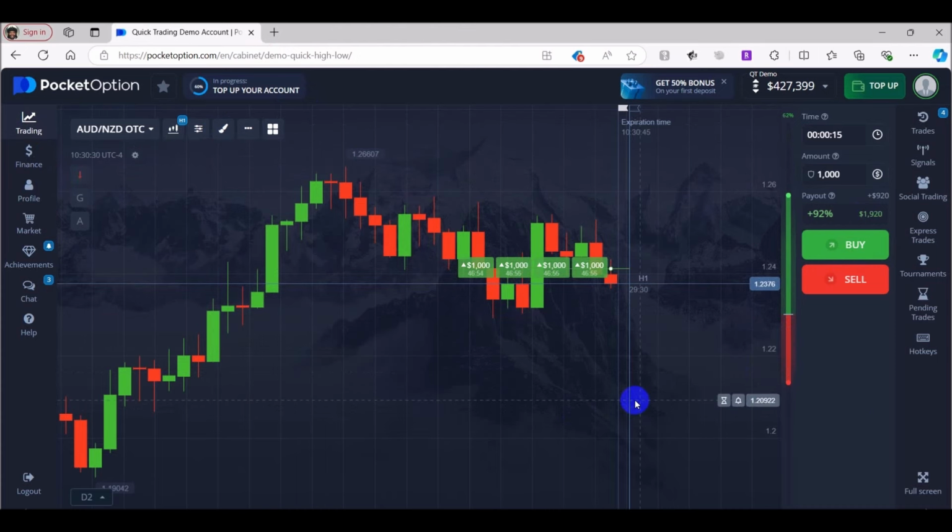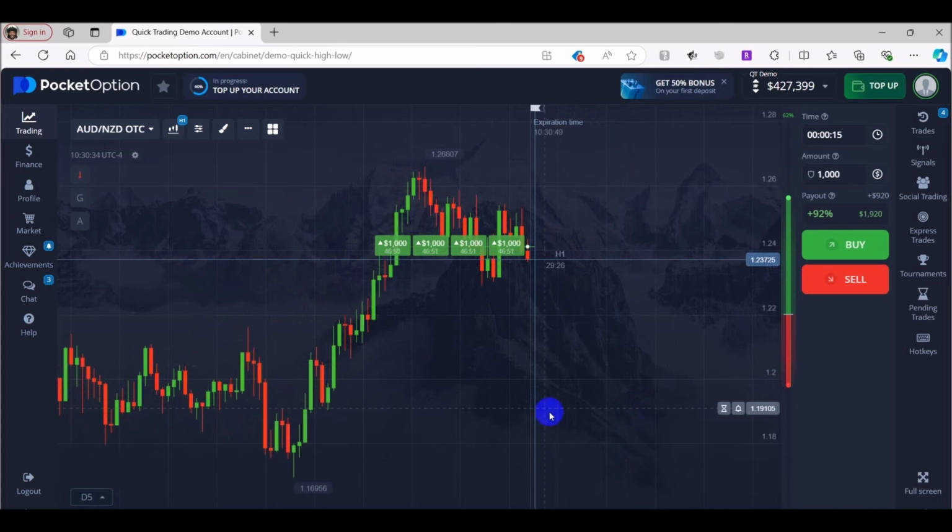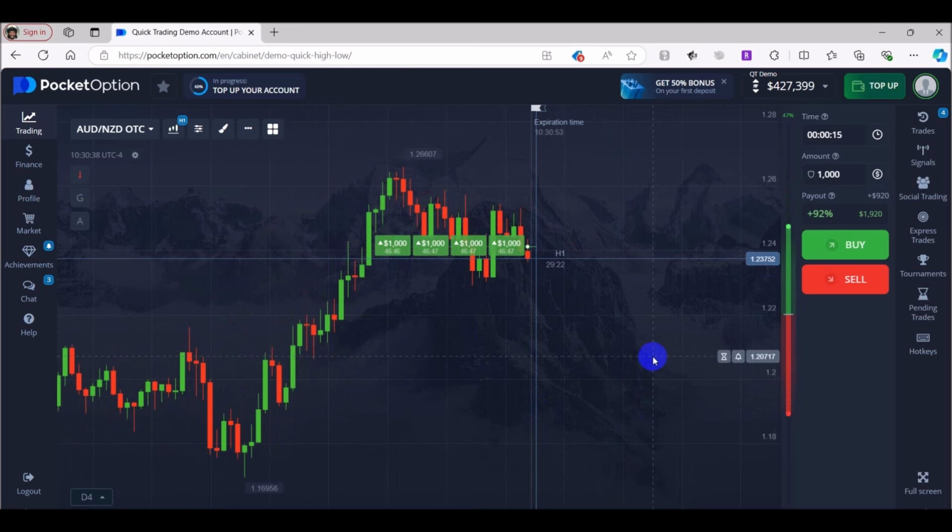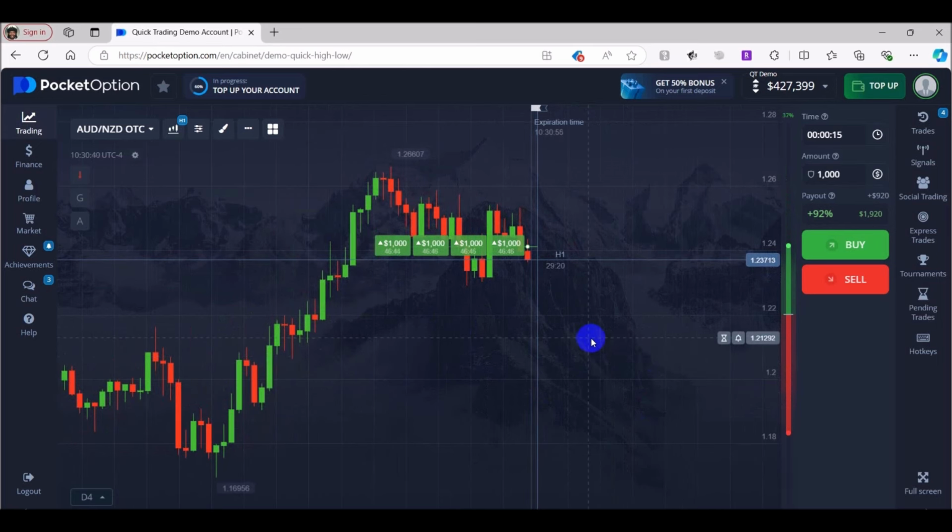But really, if you make things smaller, you can actually see a little bit better. If you squeeze your candles in together, you can see without having anything on your chart. No horizontal lines, nothing.